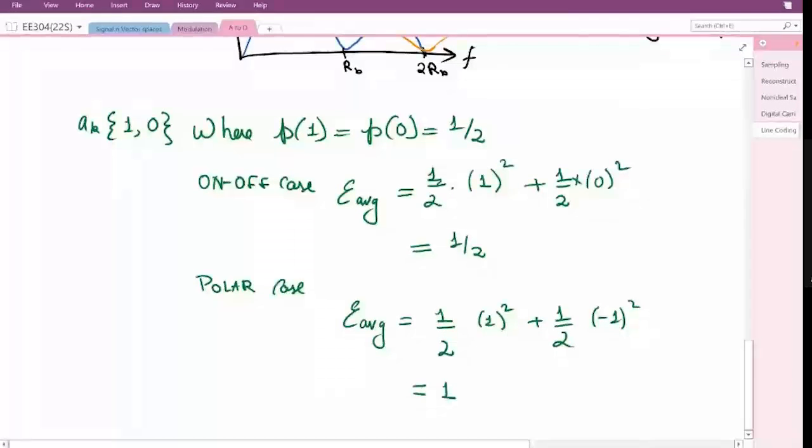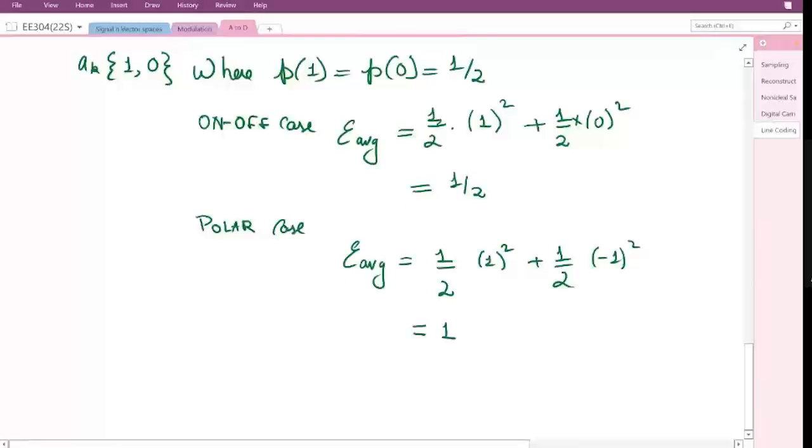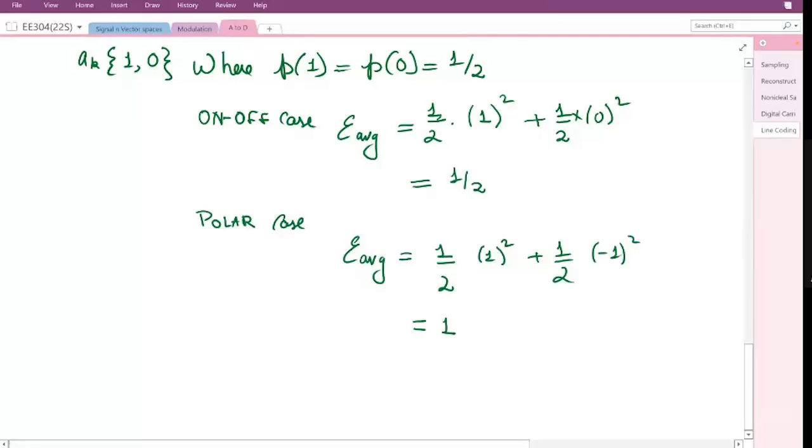If this is 1, what do we want? We want that if you want to make the average energy for all the signals the same, then we have to make some minute changes.